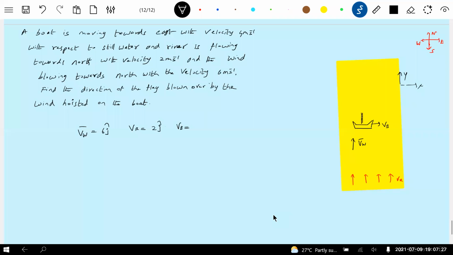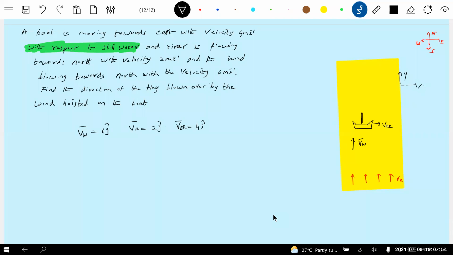Shall I write VBR or VB only? With respect to still water means VBR only. Yes, VBR only. This is 4i cap. Now I think everyone can write.